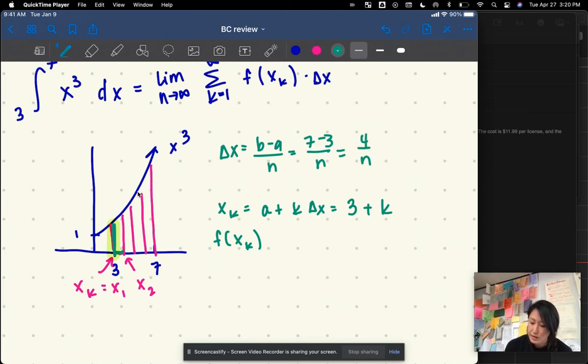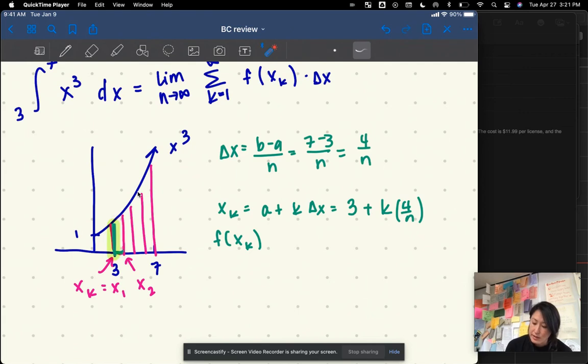This is 4 over n. So times 4 over n. So what we're saying is that for k equals 1, we're going to add 3 plus 1 times 4 over n. So it's 3 plus a little bit.